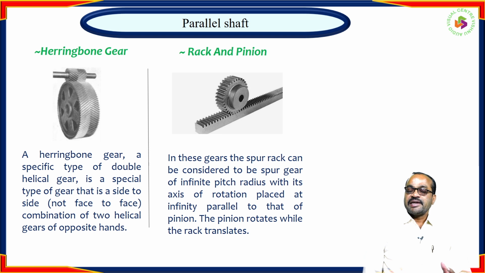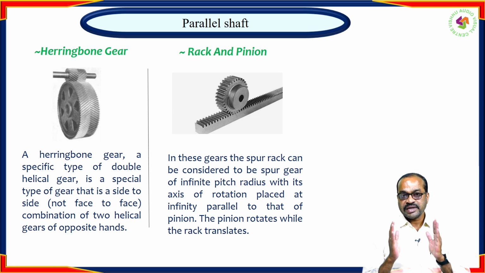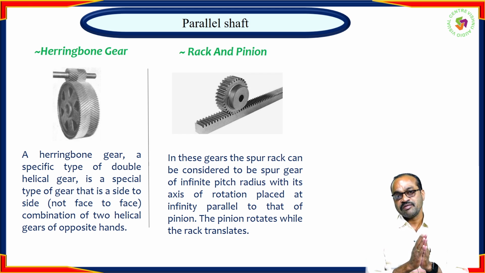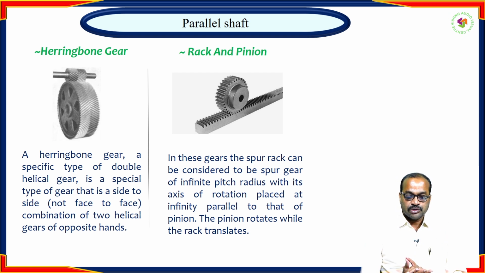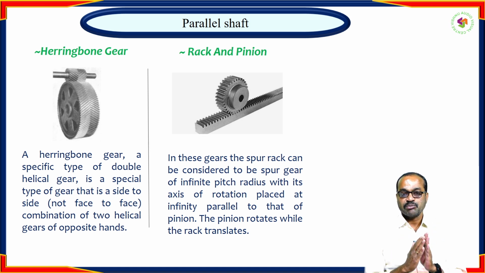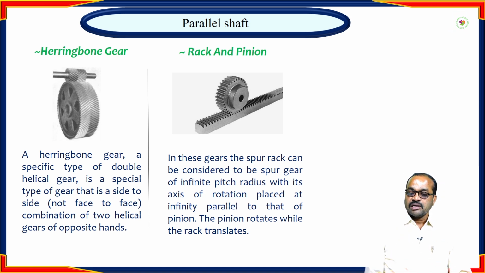The second category under helical gear is herringbone gear or double helical gear. As I said, you can see the arrangement. Two helical gears are made together and transmit the power when we require more power to transmit than a single helical gear. At the same time you can see the faces of the teeth are opposite, merged together.